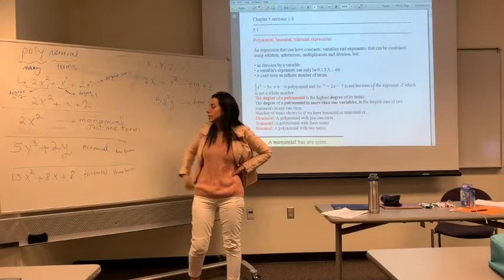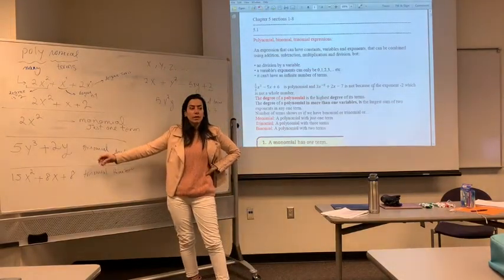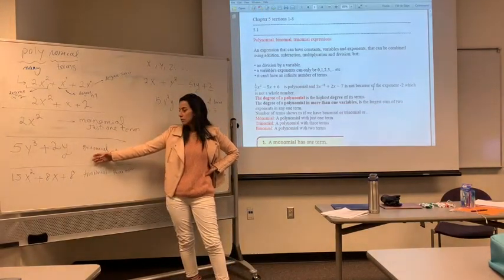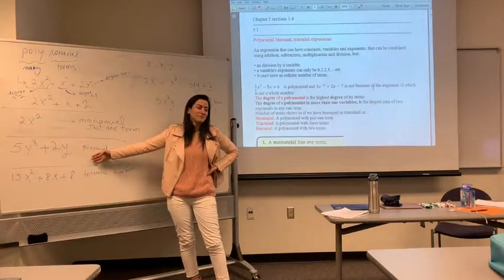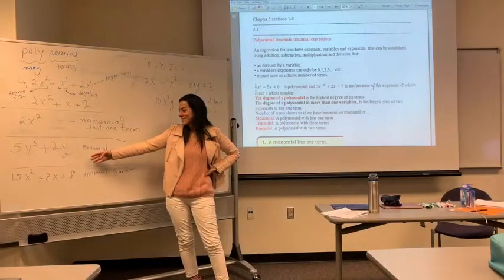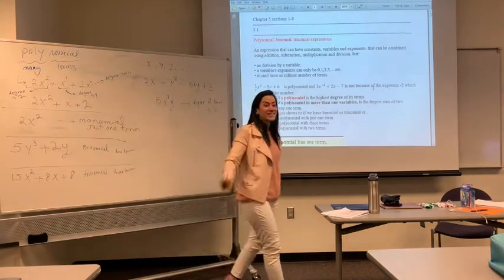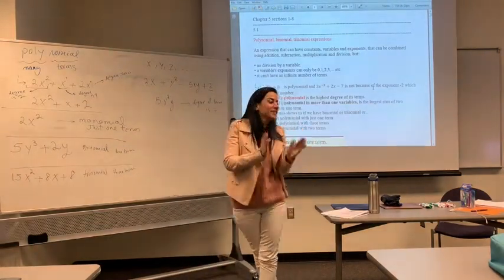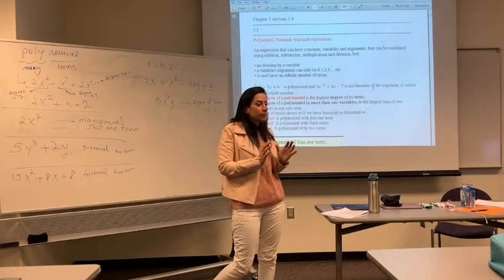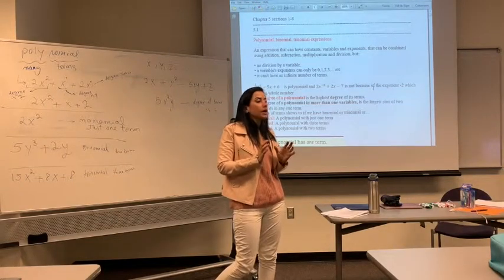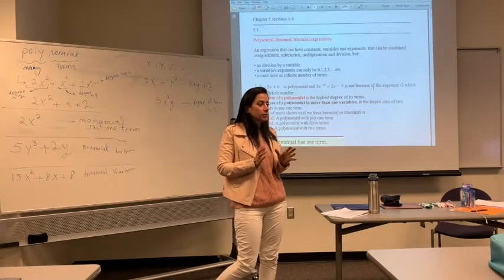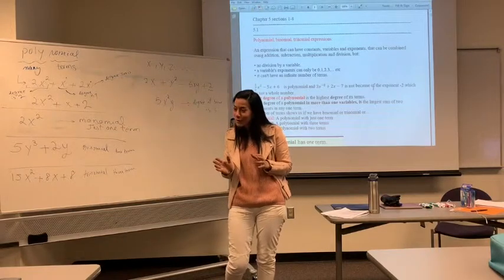So what is the degree of the polynomial here? Look at this. 4. It's 4. What I said was to calculate the degree of each term, and then the highest degree of the terms will be the degree of the polynomial.